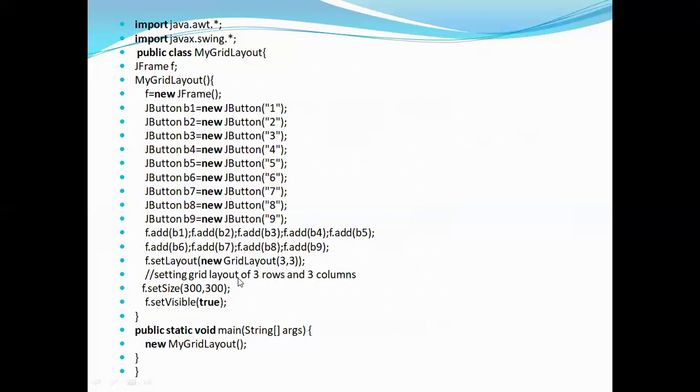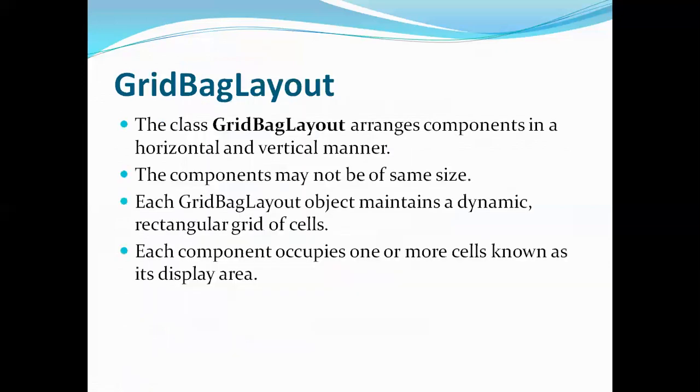So setting grid layout of 3 rows and 3 columns, and set the size of your frame, set visibility as true. And then I'm creating the object for my class. So this is a simple example of grid layout. This grid layout is basically used to design simple calculator examples where you can display all the numbers and some simple arithmetic operations. So this is the grid layout example.